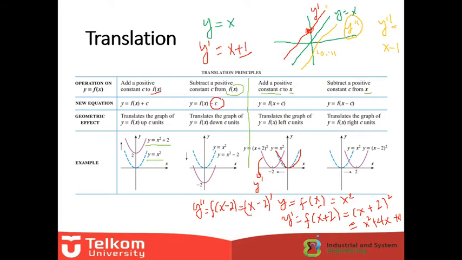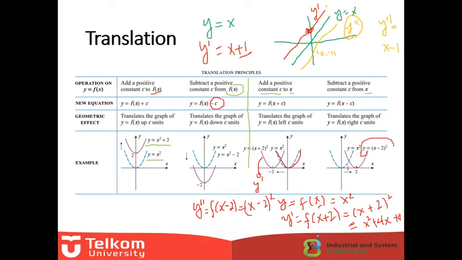The minus means that you have to move to the right, by 2. So in here the reference is y equal x square, and y double prime should be this one.